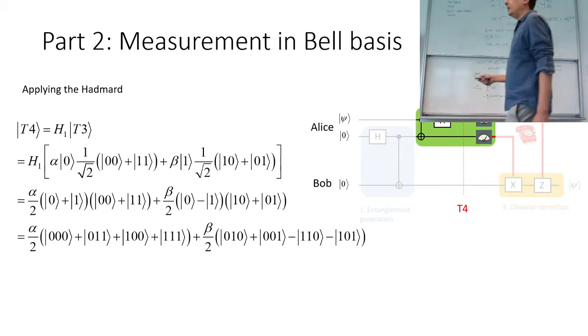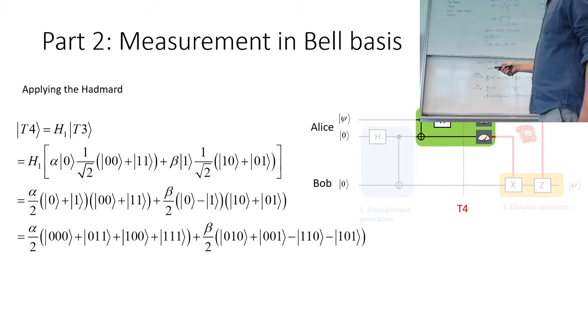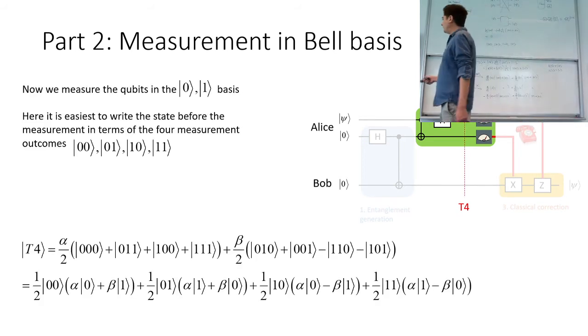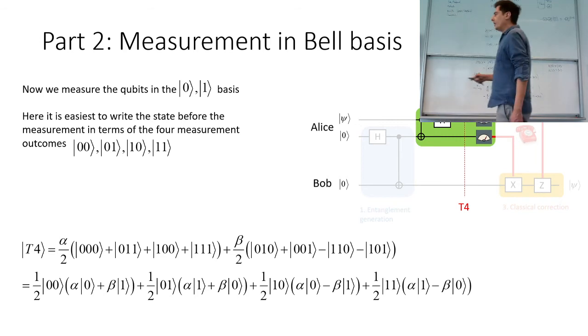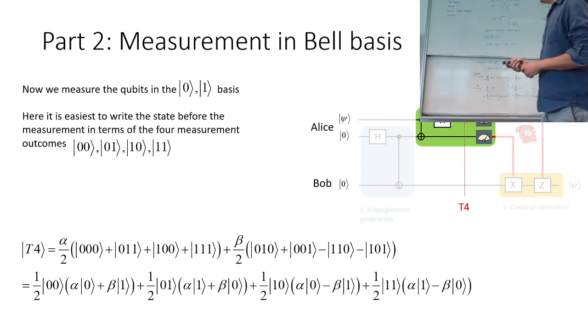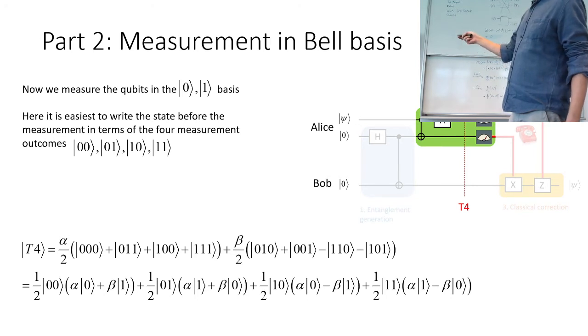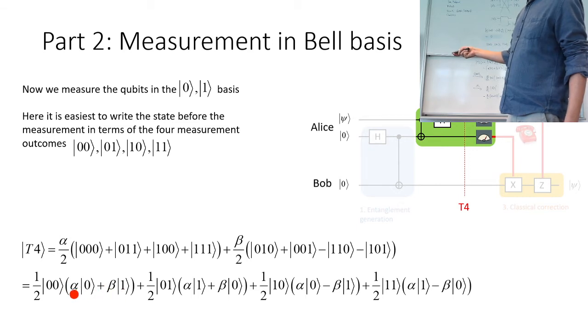So actually, if we factorize it like this, we can see something interesting happen. Because each of the third qubits is two terms, if we look at the term with the 0, 0, we see on the third qubit it's a state alpha 0 plus beta 1, right?